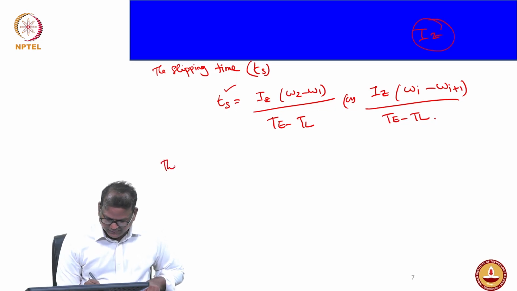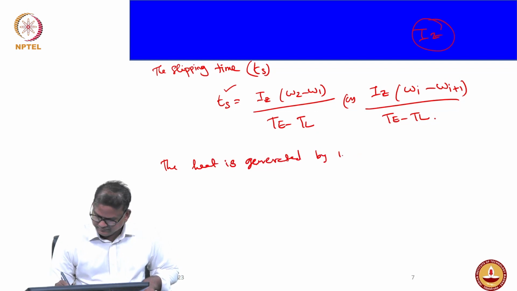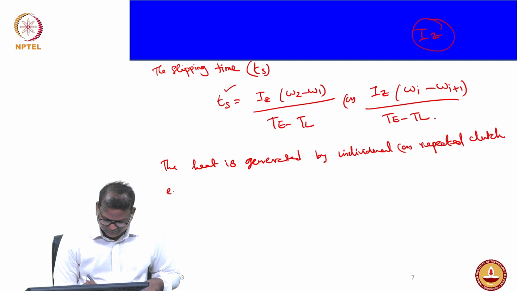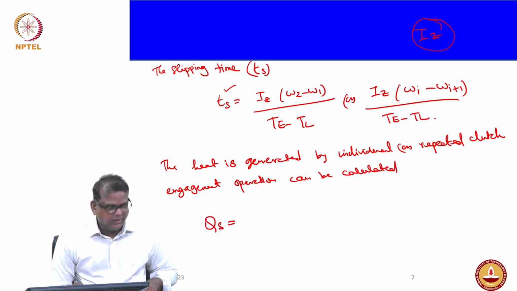So the heat generated by an individual or repeated clutch engagement operation can be calculated as QS equal to half mv square, right?